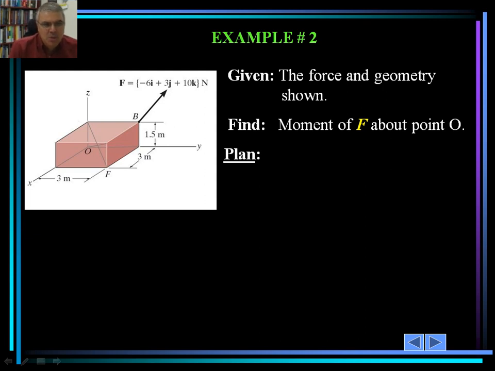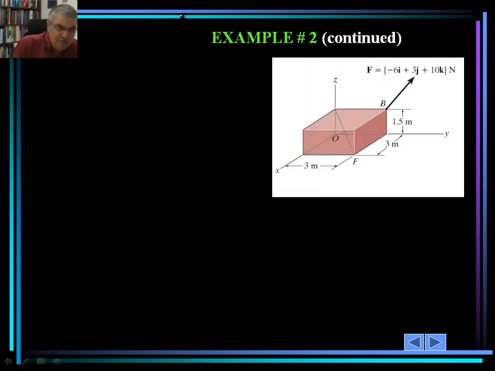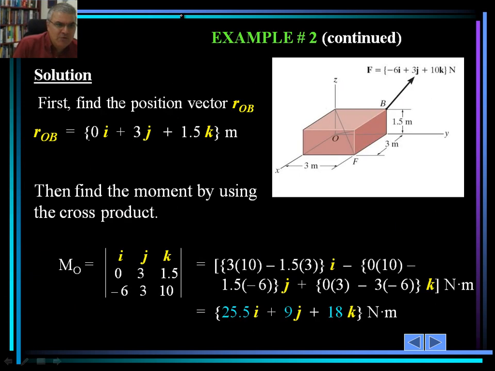So we need to do more than just looking at the problem to be able to tell the direction of the force. This is 3D. So our plan should be to find R sub OB. Remember the cross product. And then we would determine M sub O by calculating R sub OB times F. You'll see that shortly. This is a great problem.